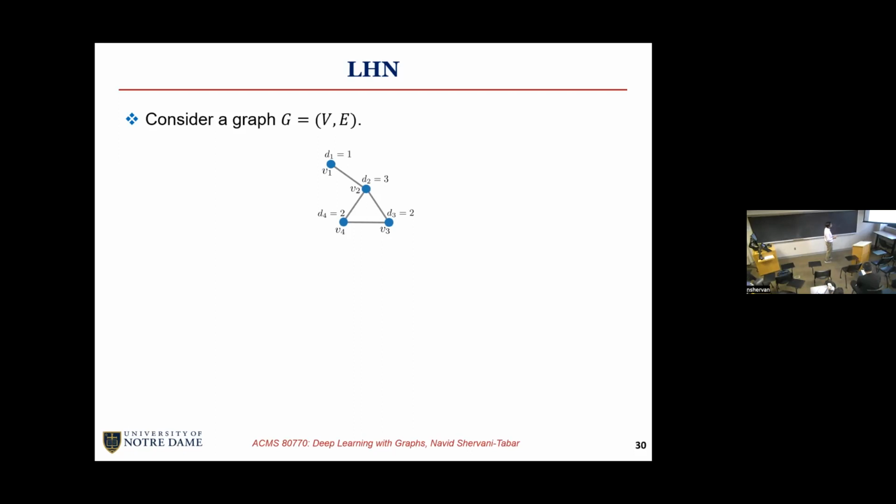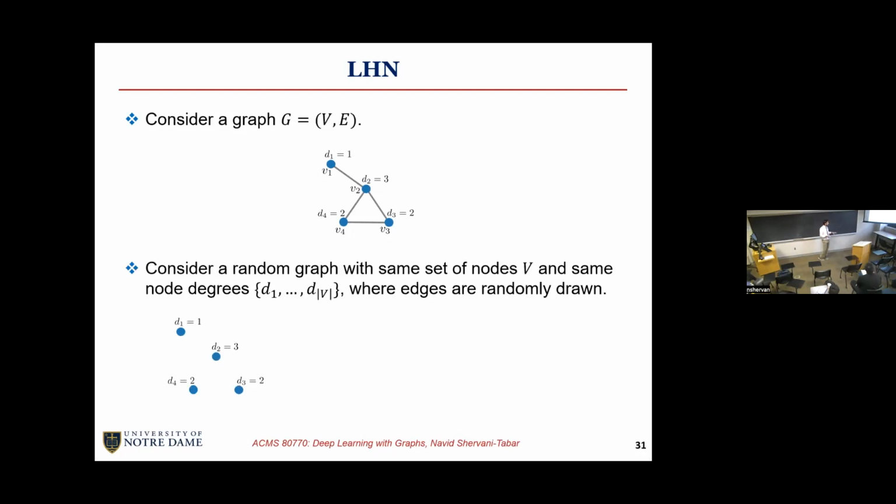The configuration model keeps the degrees of the nodes but wipes all the edges between them. So we have a set of nodes and their corresponding degrees, and we draw all the edges randomly, given these degrees.